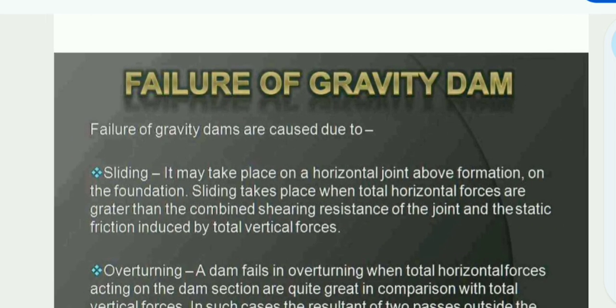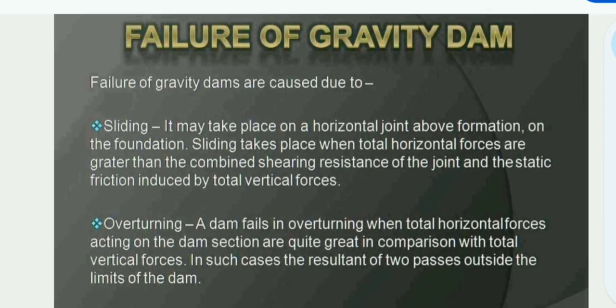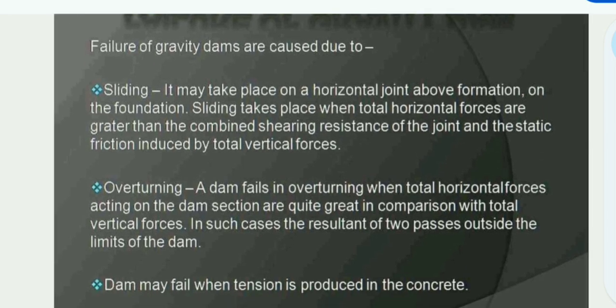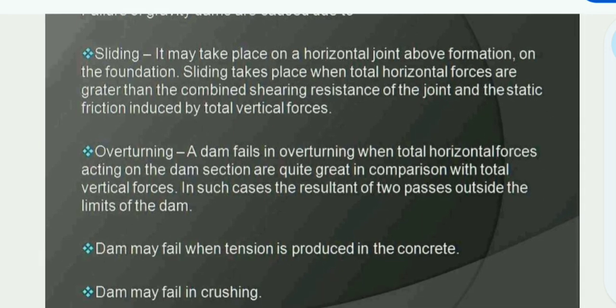Failure of gravity dam. Failure of gravity dams occurs due to sliding. It may take place on a horizontal joint above the foundation. Sliding takes place when total horizontal forces are greater than the combined shearing resistance of the joint and the static friction induced by total vertical forces.